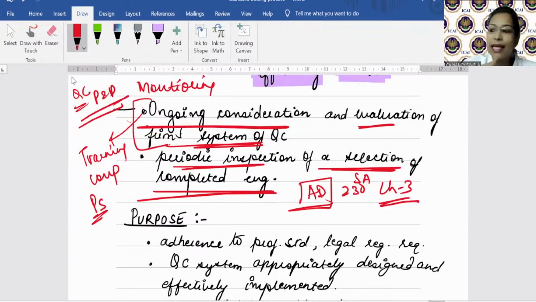Ongoing is what? Side by side as and when the work is going on, you are considering them. Periodic inspection of selection of completed engagement, जो काम हो चुका है उसको भी periodically इंस्पेक्ट करते रहो. क्वालिटी तभी तो पता चलेगा ना कहां पर प्रॉब्लम थी, ठीक है, ठीक है.